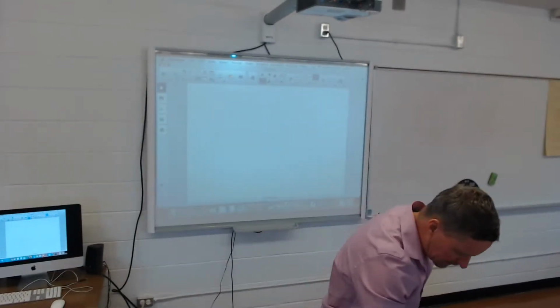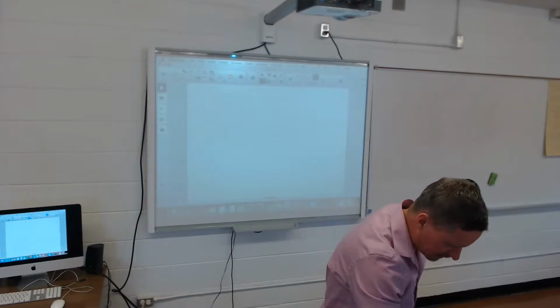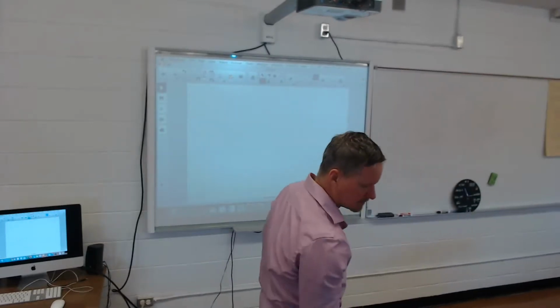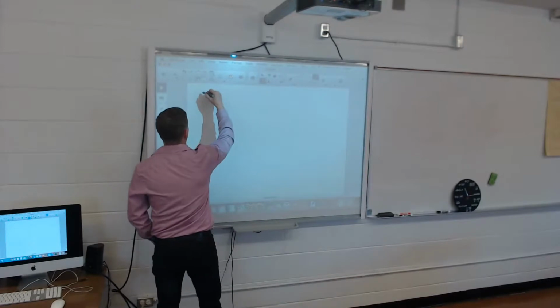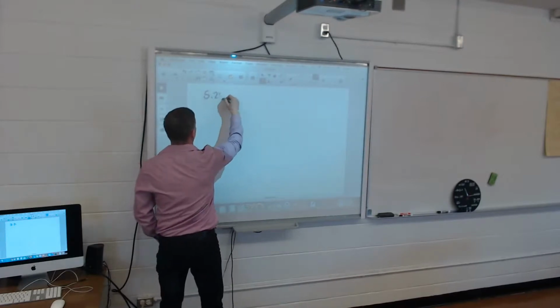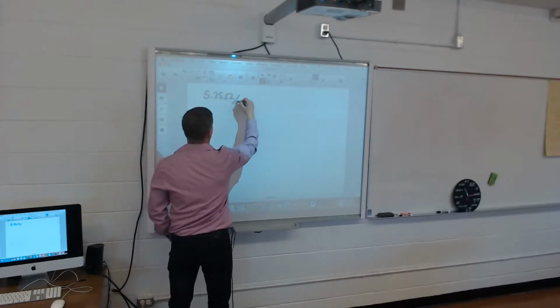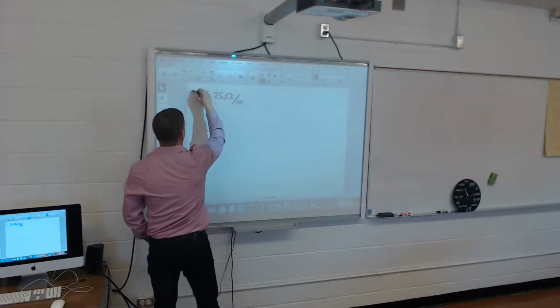Okay, a wire for use in an electric heater has a resistance of 5.2 ohms per meter. So that's resistance per length.